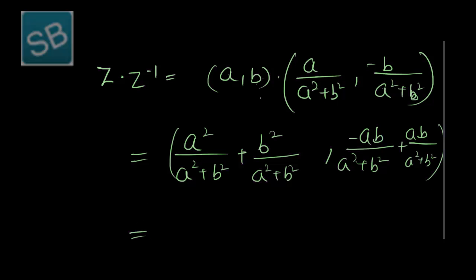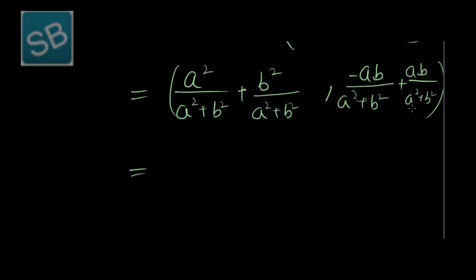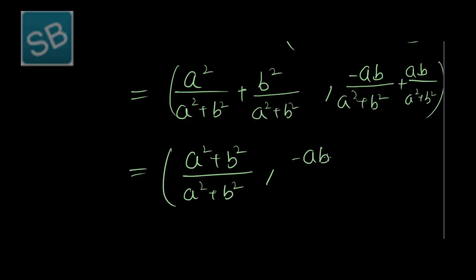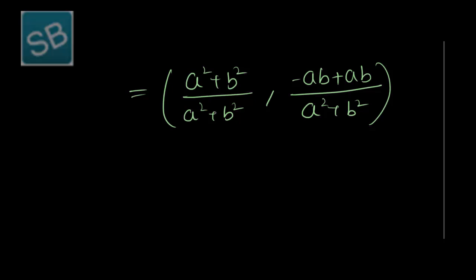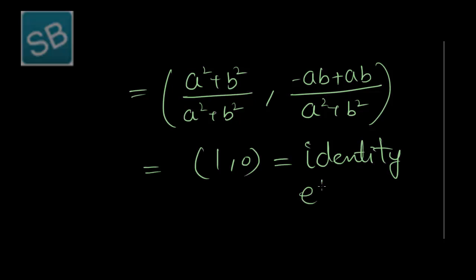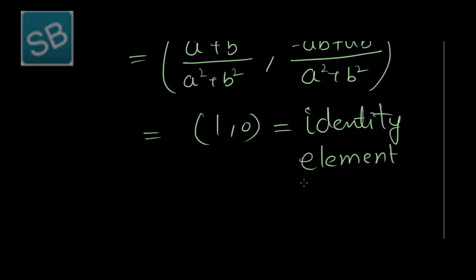So we get a square plus b square over a square plus b square, comma minus ab plus ab over a square plus b square. So we get here (1, 0), that is the identity element under multiplication.